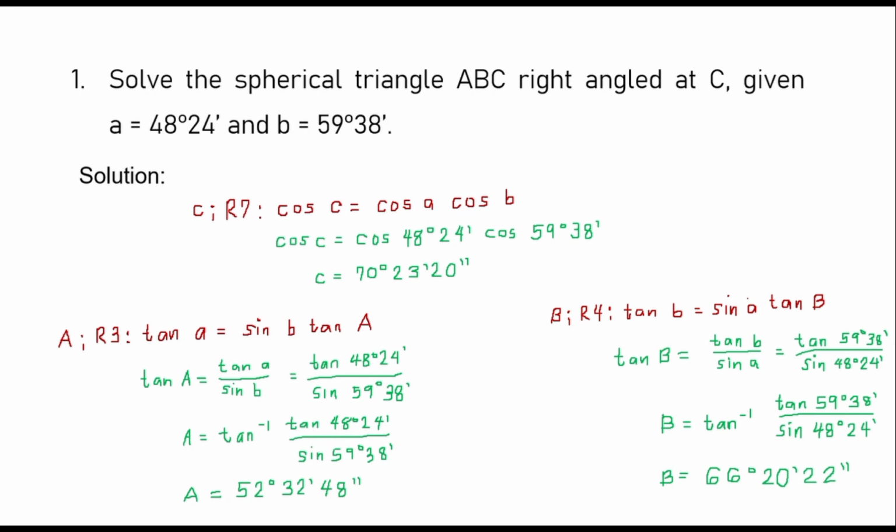Solution: to find c, we use rule number 7, which is cosine c is equal to cosine A times cosine B. So we have cos c is equal to cos 48 degrees 24 minutes times cos 59 degrees 38 minutes.